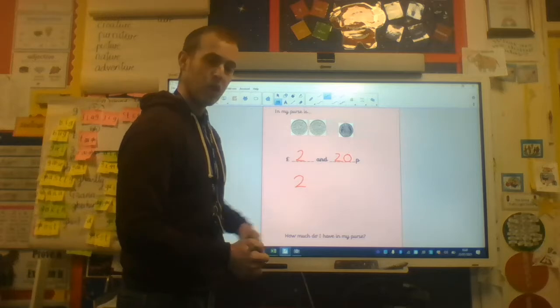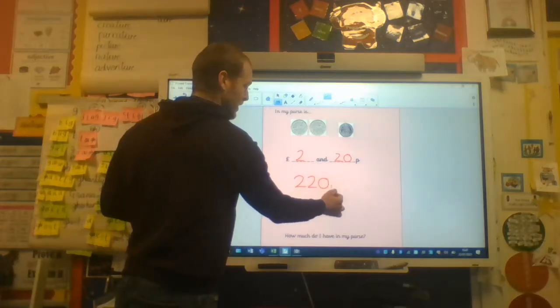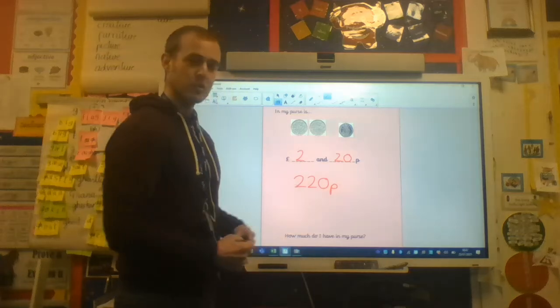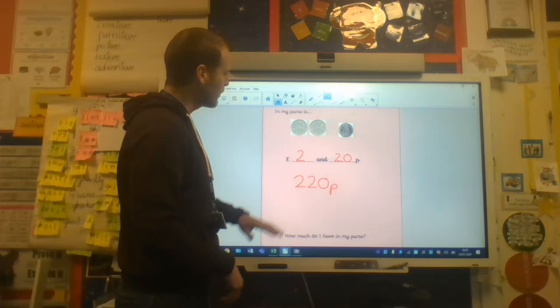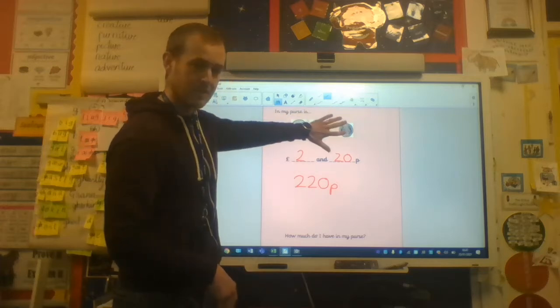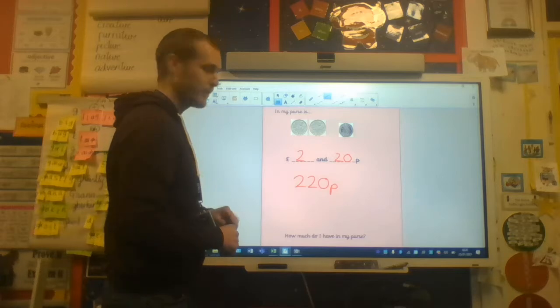And then I've got 20 pence here. So in my purse I actually have 220 pence. But we're writing it like this. I've converted this amount of money here into this amount of pence here.